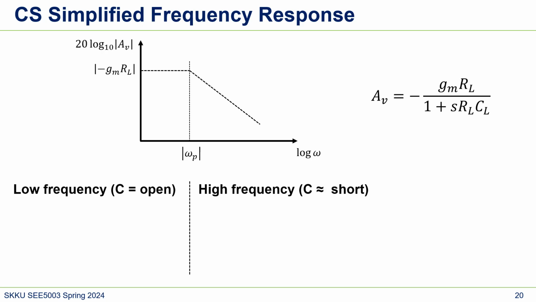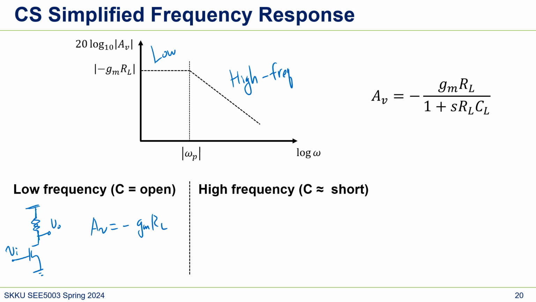Let's think about our frequency response again, in the low frequency part and in the high frequency part. At low frequency, C is open, so it's just a low frequency CS amplifier, where AV is minus gm RL. This is what we've learned in previous lectures.